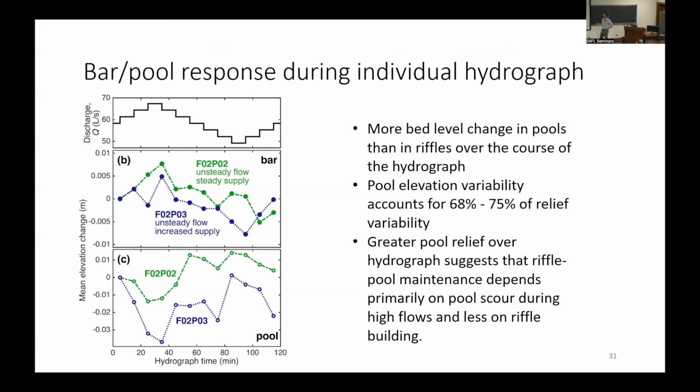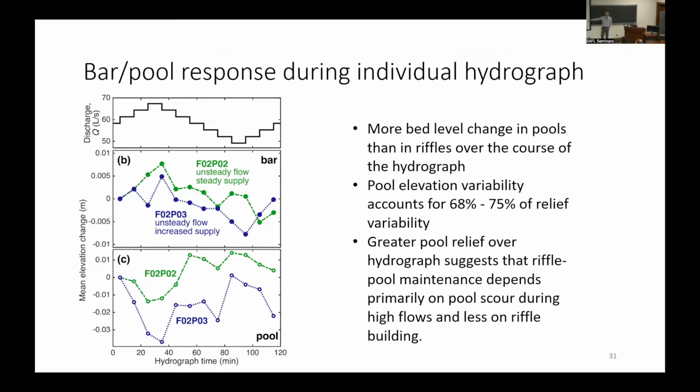So just a single hydrograph during each of these phases. And we see that most of the variability is accommodated by the pools. We see greater pool relief over the course of the hydrograph.